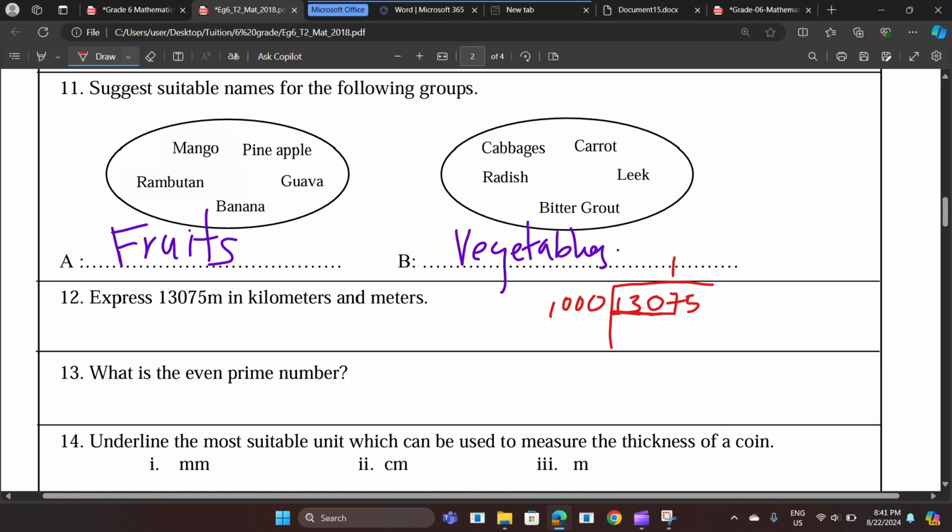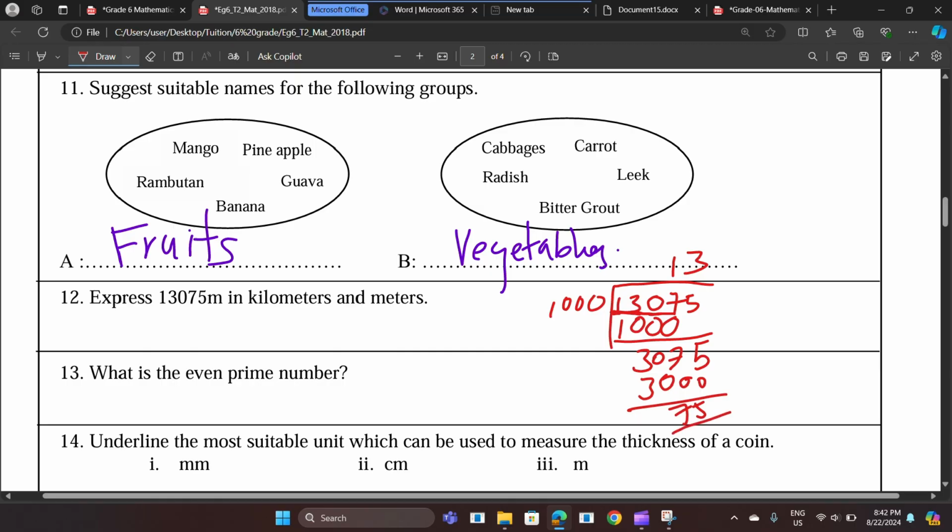There is 13, and we take this 75 to here. That's it.